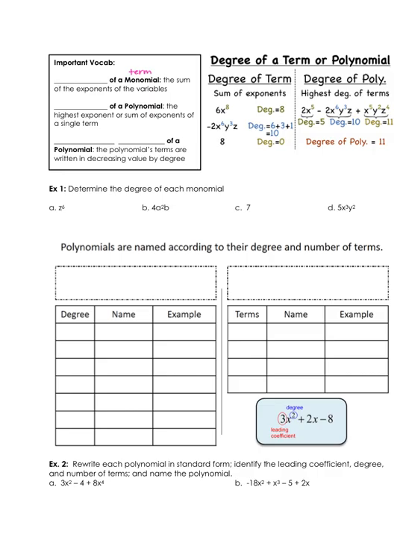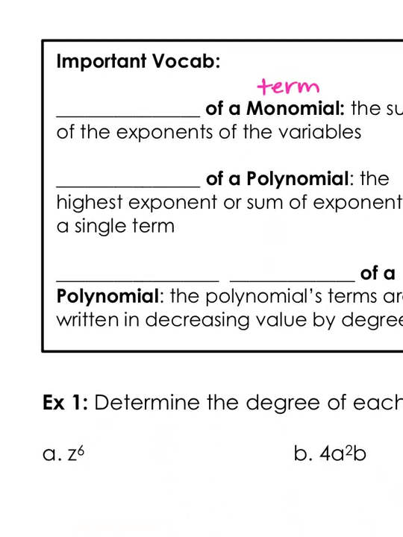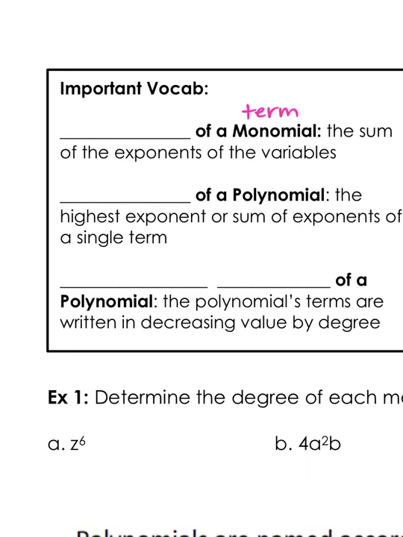So now we're going to kind of review the degree. The degree of a monomial, which we can also call the degree of a term because that means it would be the only one there, we're going to add up the exponents. So we're going to take the sum of the exponents of each variable.